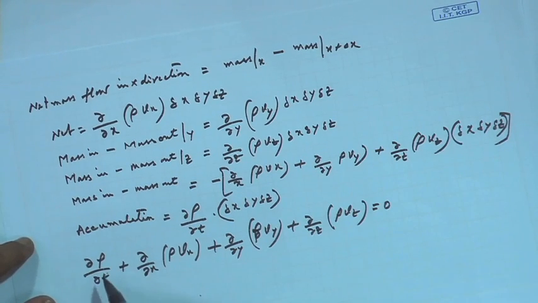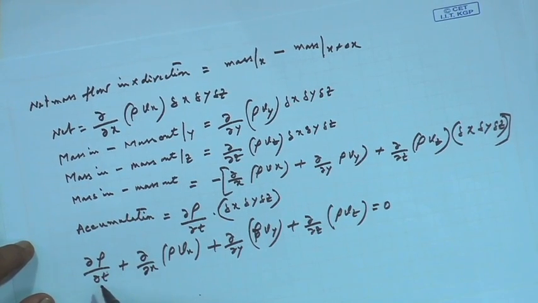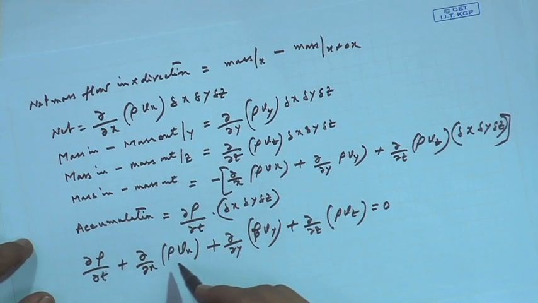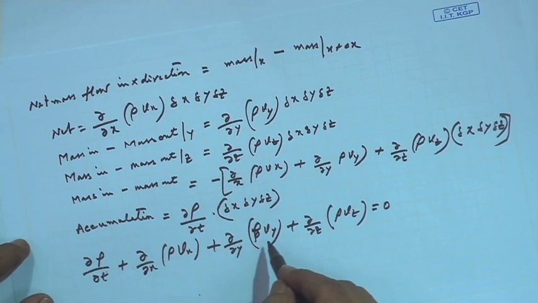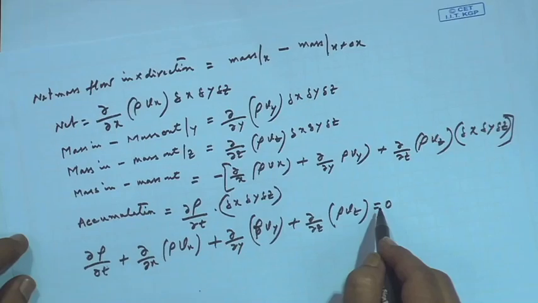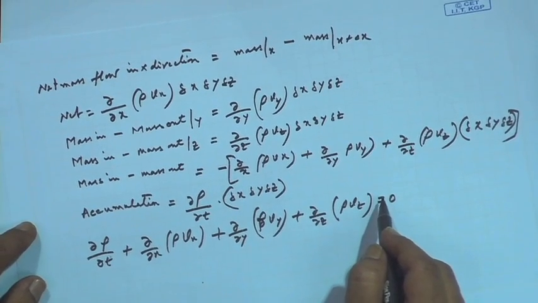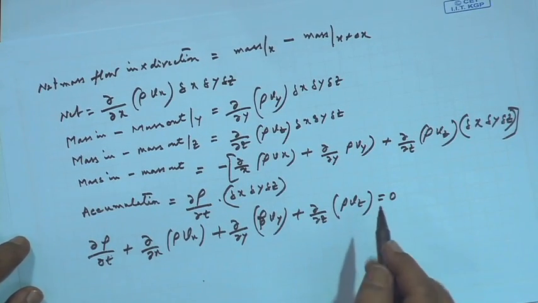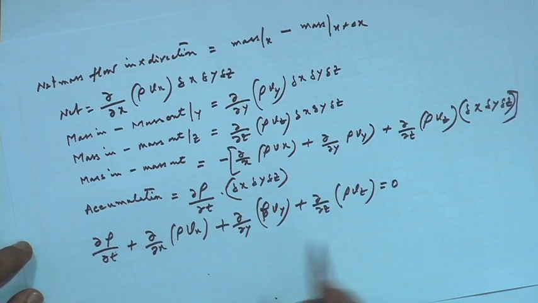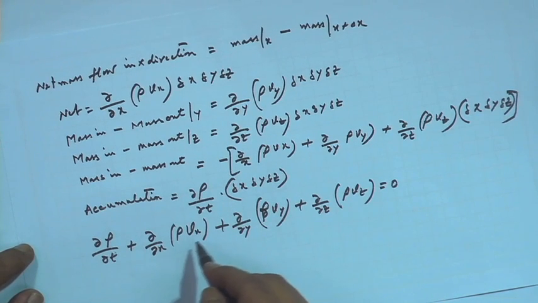So we get ∂ρ/∂t plus ∂/∂x of ρVx plus ∂/∂y of ρVy plus ∂/∂z of ρVz is equal to 0.